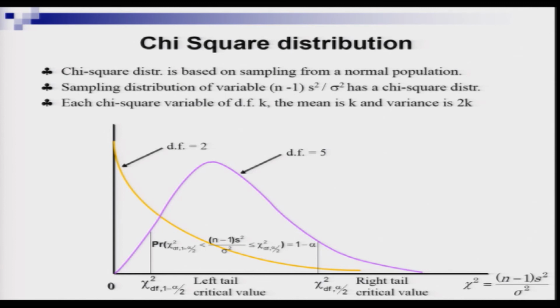I am going to show you two different chi-square PDF curves. One is in orange, continuously falling, for degrees of freedom 2, and another in pink, constructed for degrees of freedom 5.